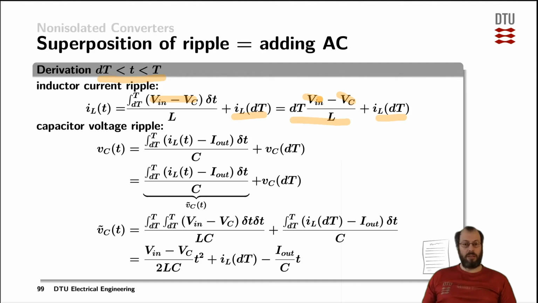Therefore, the capacitor current is actually dependent on both the inductor current and the resistor current, which is the load current, and we end up having about the same integration as we had in the buck converter, and ending up in a double integral over time, which eventually leads to a parabolic function, a term which is the first order of time and an offset.